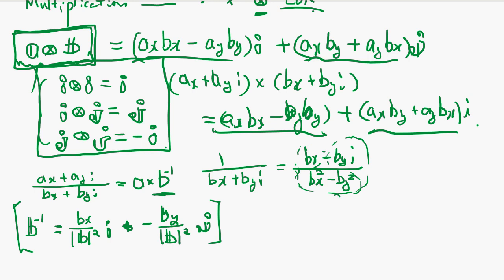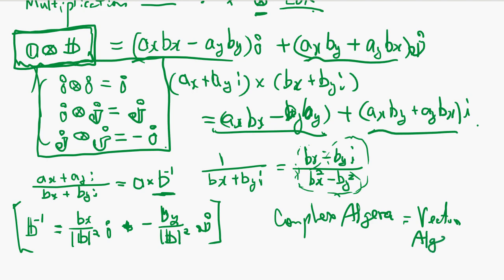Okay, so you got everything: add, subtract, multiply, and divide. So everything complex number algebra can do, the vector algebra can do. So it's a complex number.